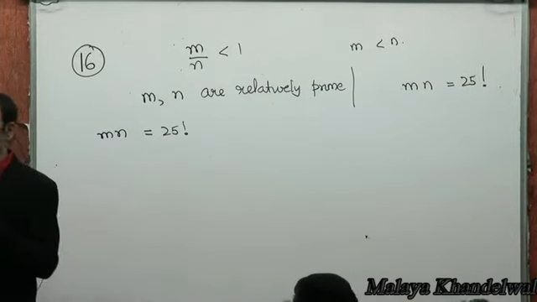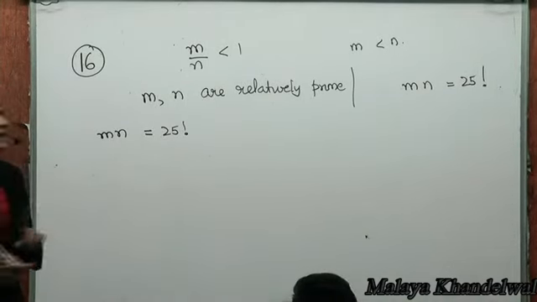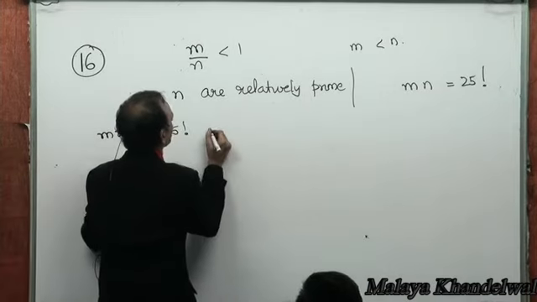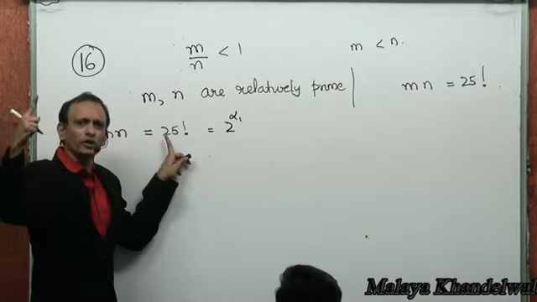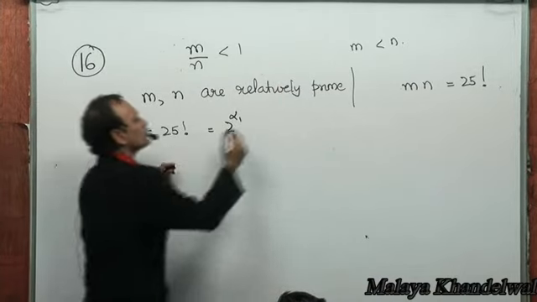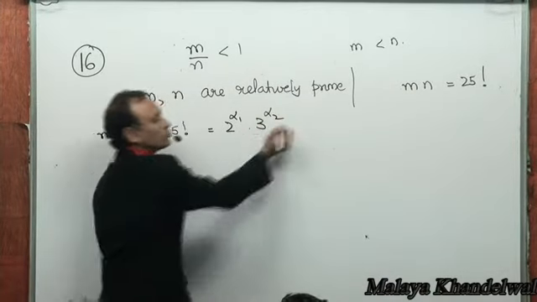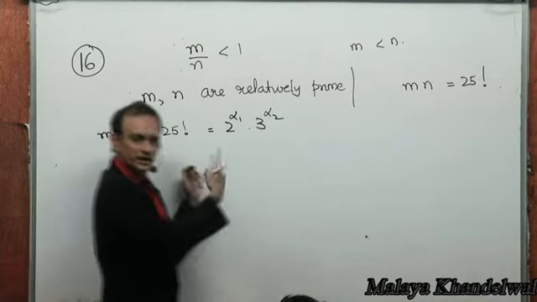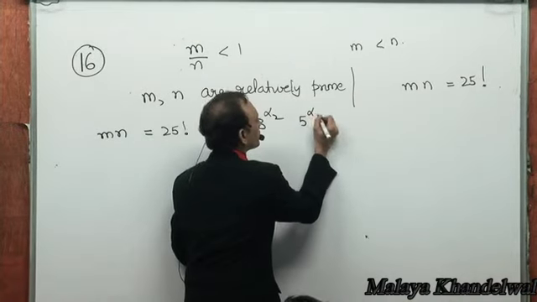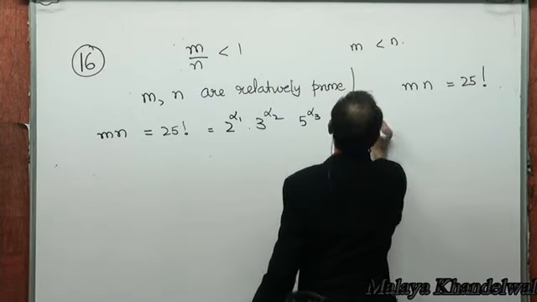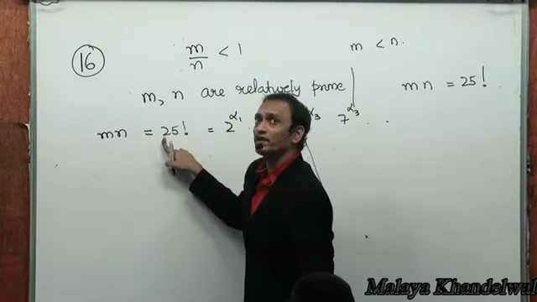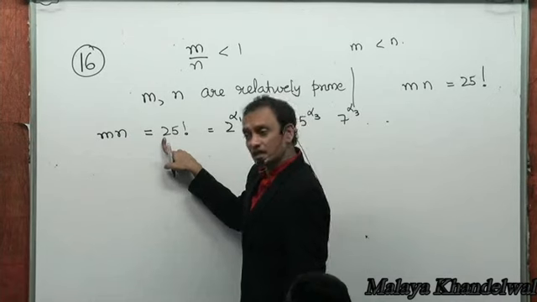But m into n is 25 factorial, that means 1 into 2 into 3 up to 25. What are the various primes that appear up to 25? There is 2 to the power alpha 1. Let me just populate the primes. There is going to be 3 to the power alpha 2. There is going to be 5 appearing as a prime, 7 appearing as a prime. All primes will appear. And the prime just before 25 is 23.